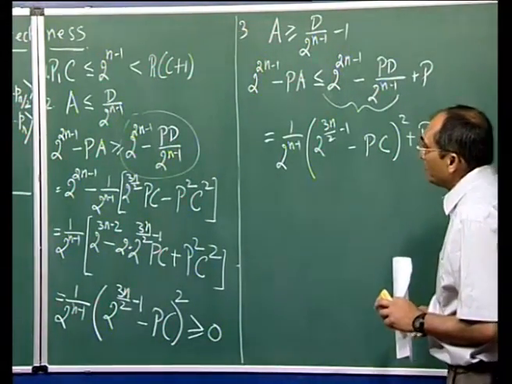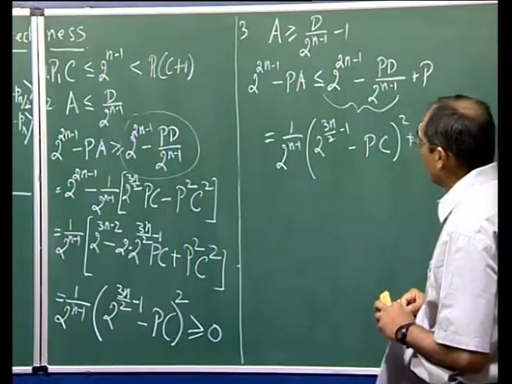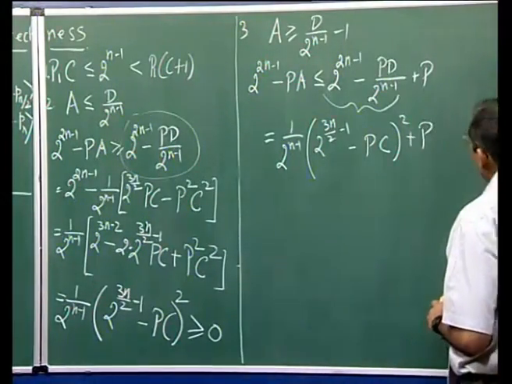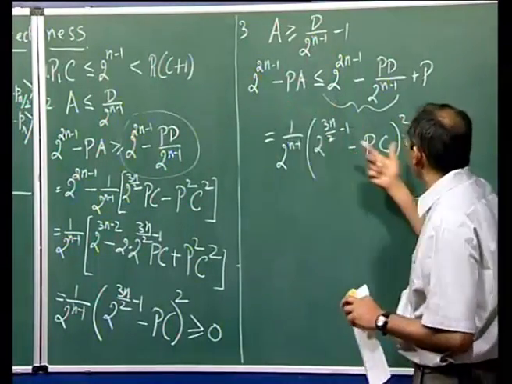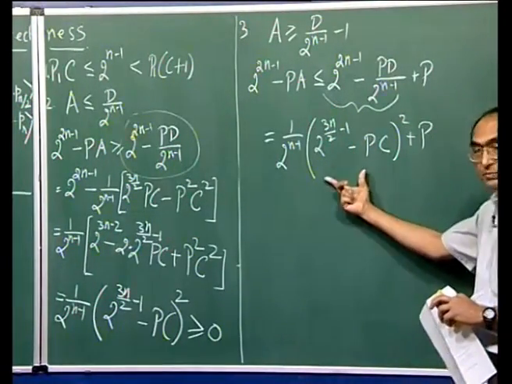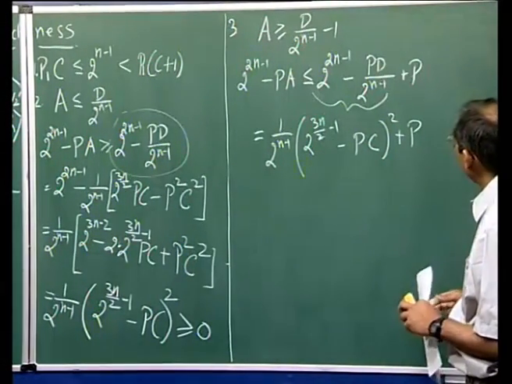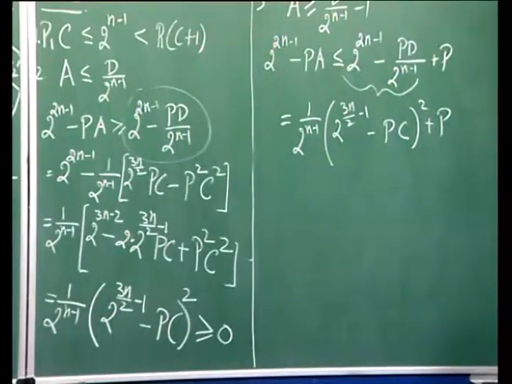Now, what we need to do is try to express this. Ideally, I would have liked this thing to be less than or equal to P, but this is not 0. So, I need to reformulate this expression so that we can rewrite this in terms of P's.